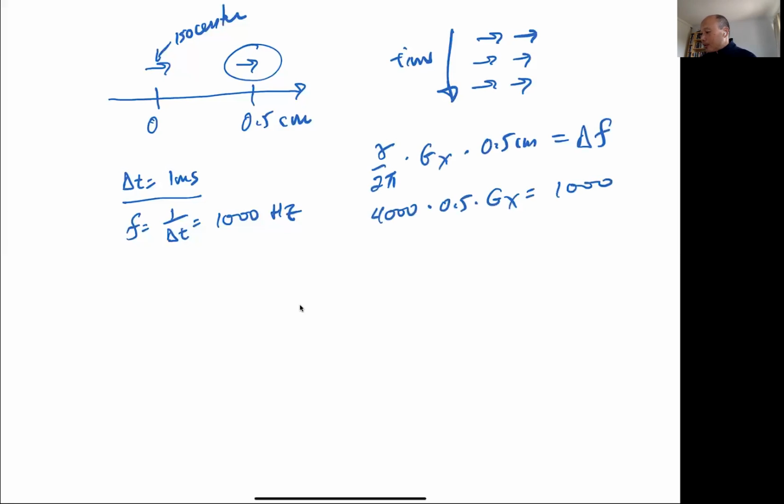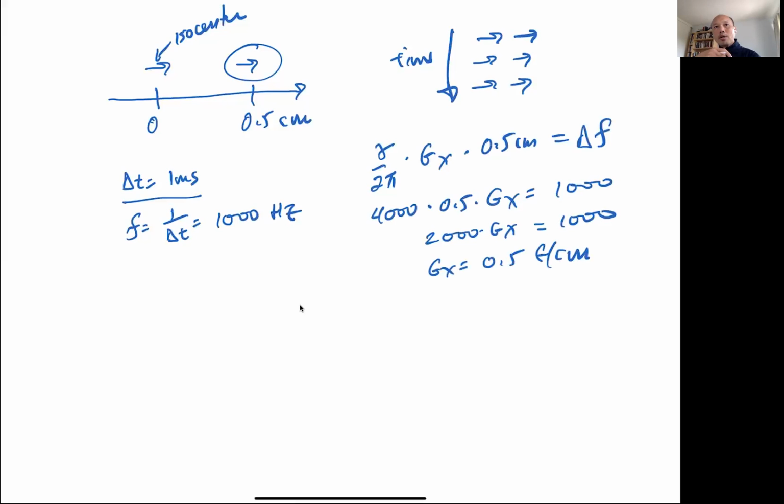So this gives me 2000 times gx equals 1000. So we know if gx equals 0.5 Gauss per centimeter, then that is certainly going to be a value where the spin returns back to its original position every time. And so that will appear to be aliased with the spin at isocenter.